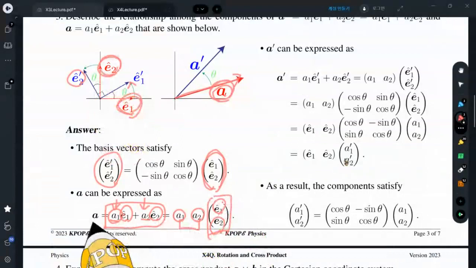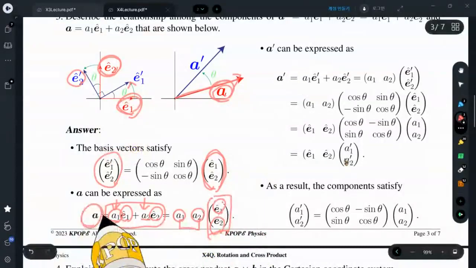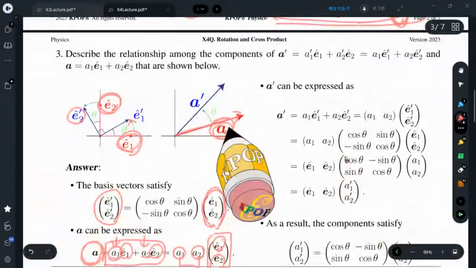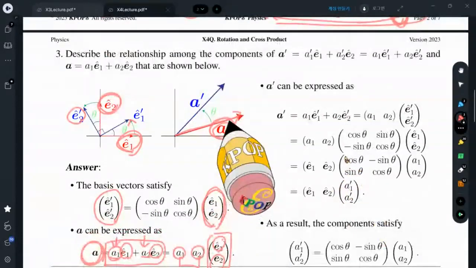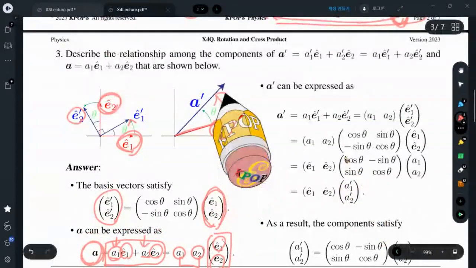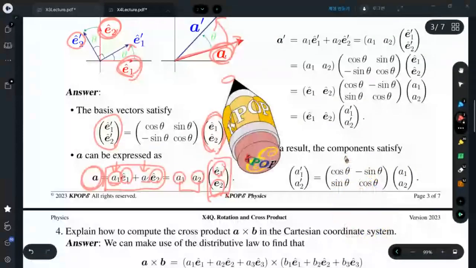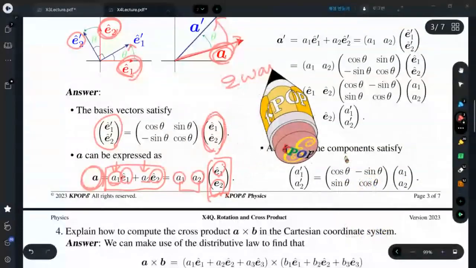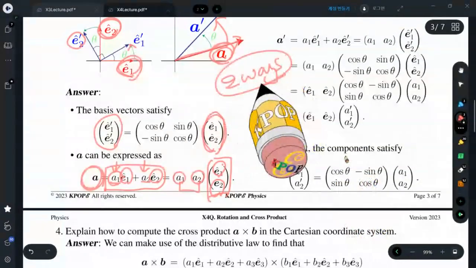So that's fine. And then why don't we rotate this? In that case, there are two ways of representing this rotated vector.